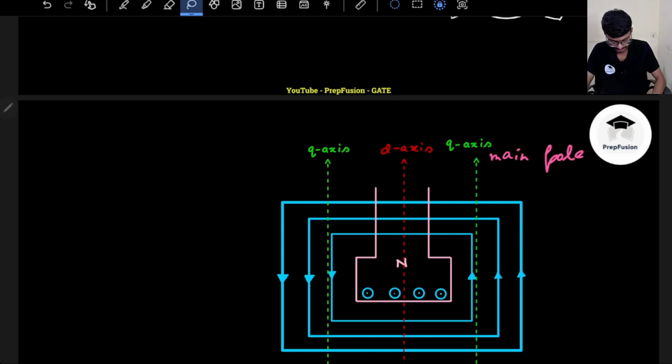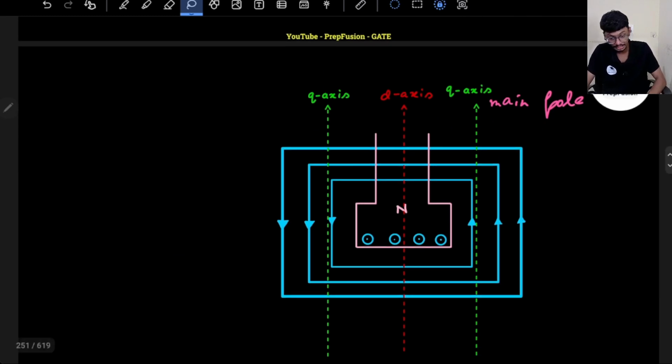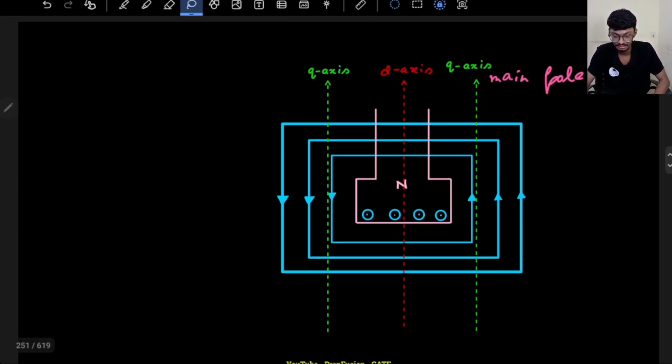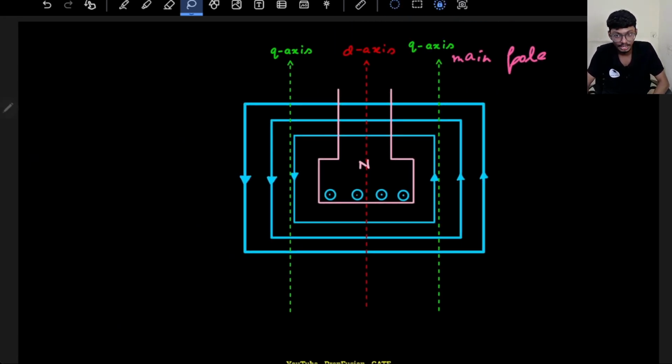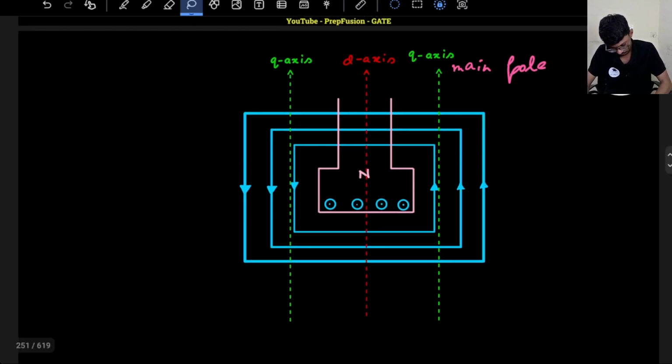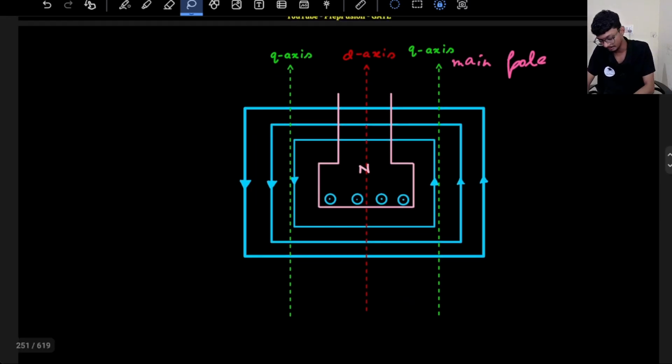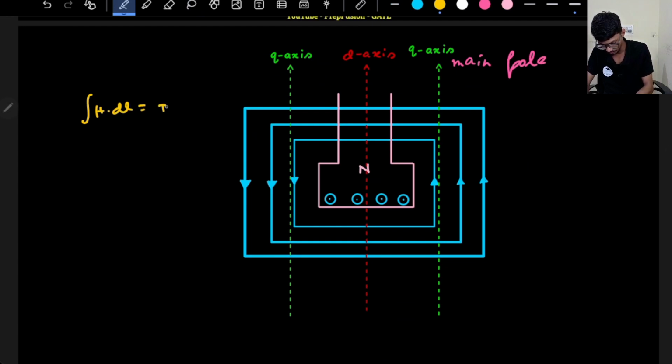Another thing, compensating winding again is connected in series with the armature. So if I draw the mmf produced by the compensating winding, what is the mmf produced? mmf is H dot dl, which equals I enclosed, correct?